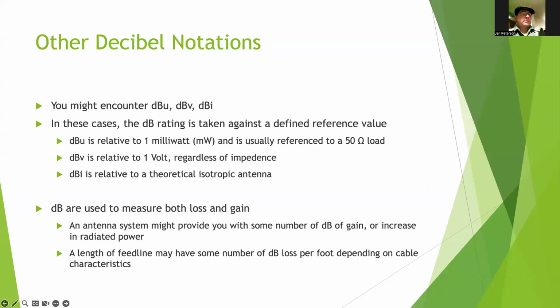So your dBi is relative to that, okay? And dB are used to measure both loss and gain. So an antenna system, for example, the Yagi that Stan has here, that is a gain antenna.